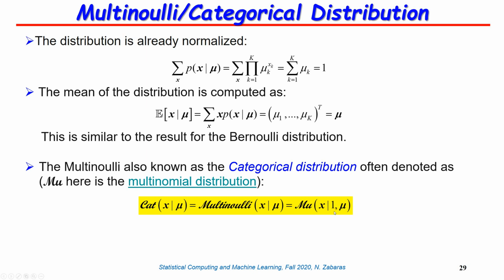As written here, I only conduct one toss of this coin with K states, and that's why you see n equal to 1. Apart from that, the two distributions are very much related. I'm going to show you on the next slide how the multinomial distribution looks.